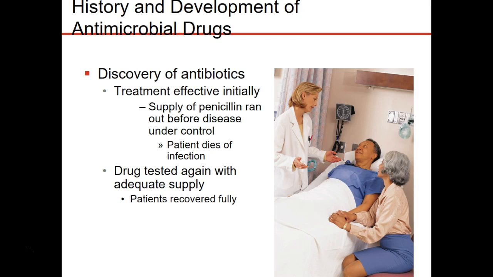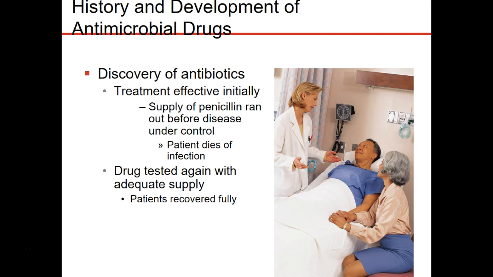This is also right around the time of World War II. And they wanted to have a lot of this penicillin to test out and then to be able to use if it was really effective. So they got a bunch of factories involved in mass producing the penicillin. And once they produced enough penicillin, they were able to retest it on a new patient.